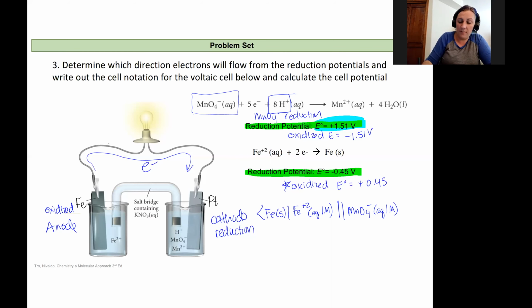So I'm going to use a comma and then put my H+ aqueous 1 molar in there as well. I have run out of room on the screen, but what would follow next would be a straight line. So I'll put that right here. And then we would put our electrode, which is going to be our manganese +2, which is aqueous and 1 molar, followed by our inert electrode, that platinum. And that would give us our cell notation for this.